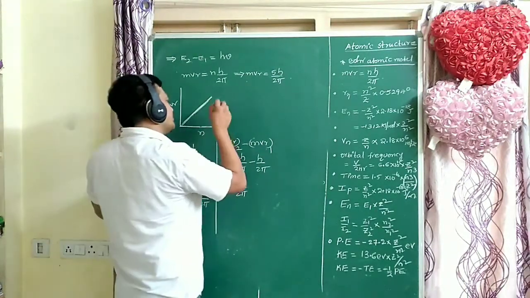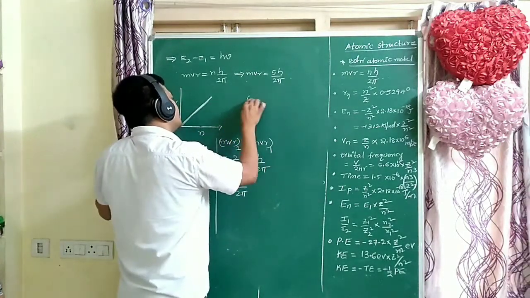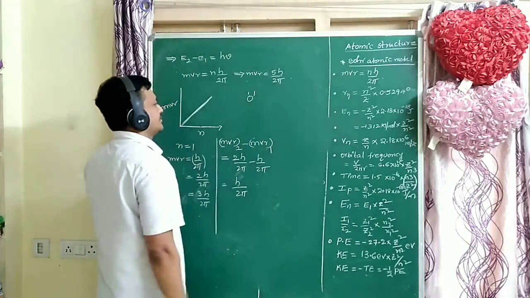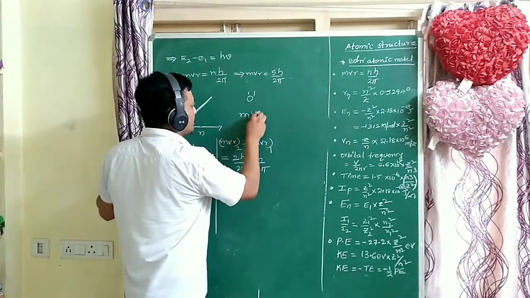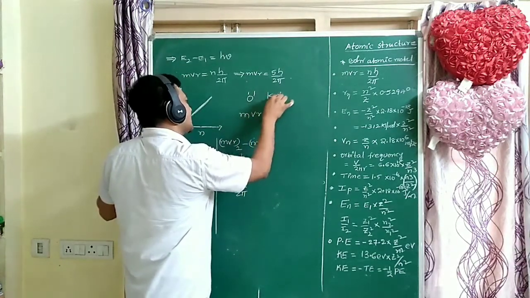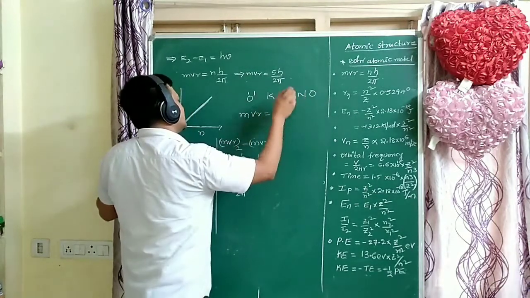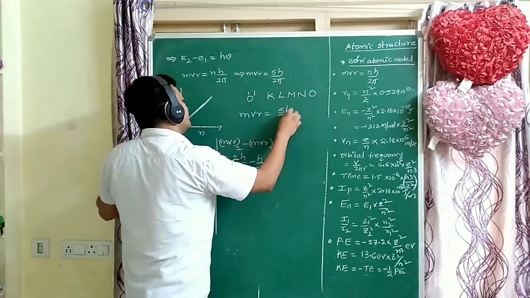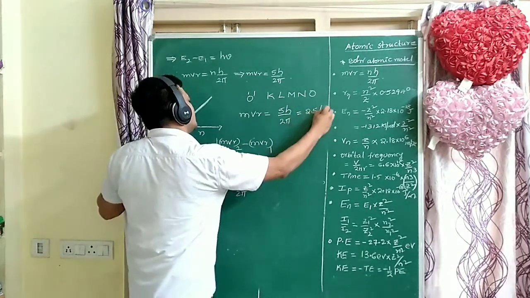What is the angular momentum of the electron in the O orbit? For the O orbit, counting K, L, M, N, O, that is the fifth orbit, so 5h by 2 pi.